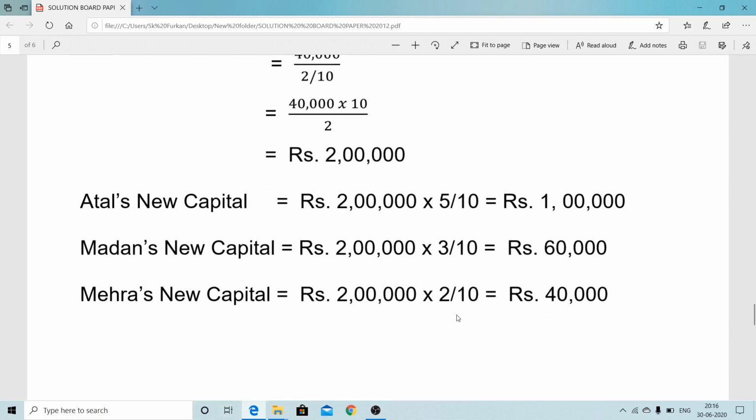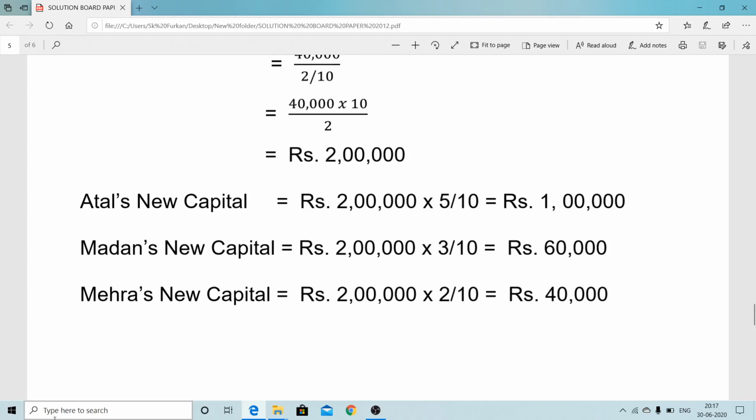Now if you want to verify that amount once more, after calculating the new ratio as provided, we can directly multiply the total capital into the new profit sharing ratio; that way we can also calculate. Or another way: 2 lakh minus 40,000 is 1,60,000, and this 1,60,000 is distributed under the old ratio among Atul and Madan.